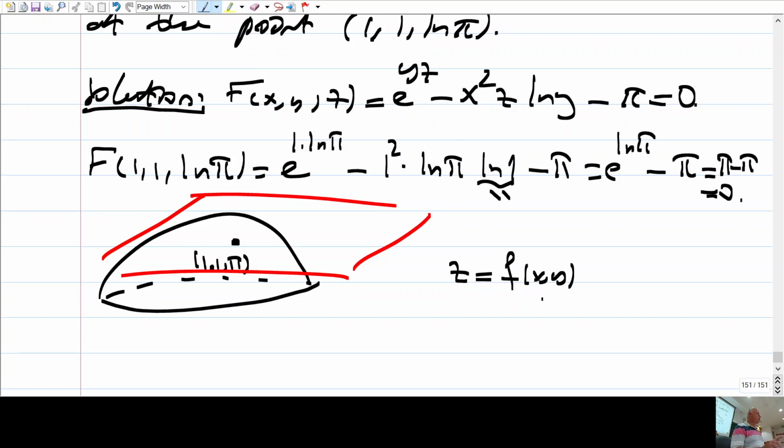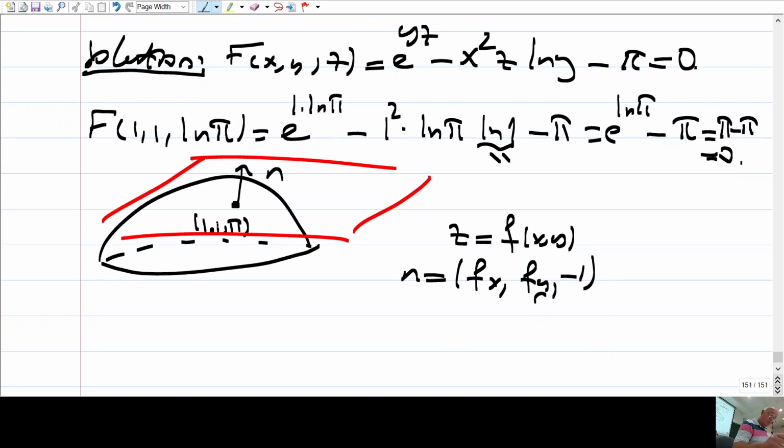We know that the normal vector in this case would be what? f sub x, f sub y, and minus 1, right? And I already have one point, 1, 1, ln pi, so I would just write down the equation. But I need these derivatives.